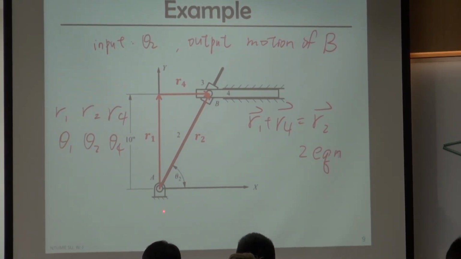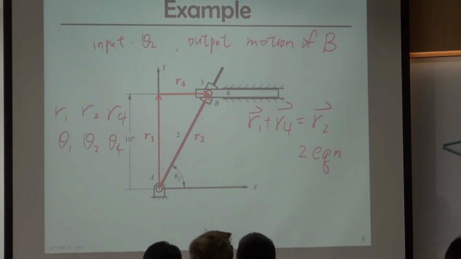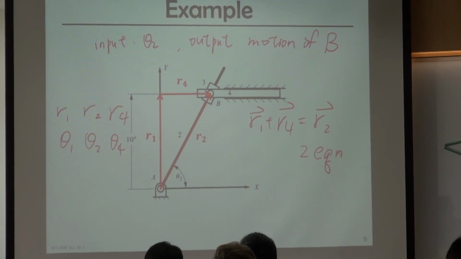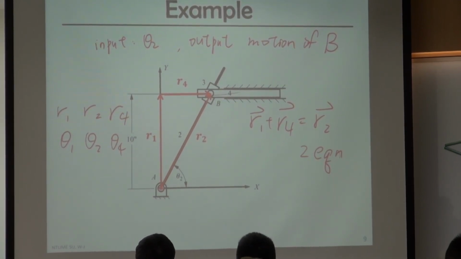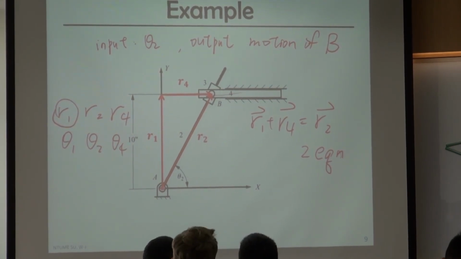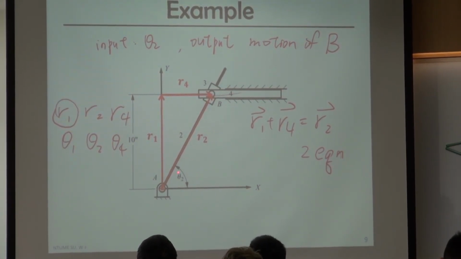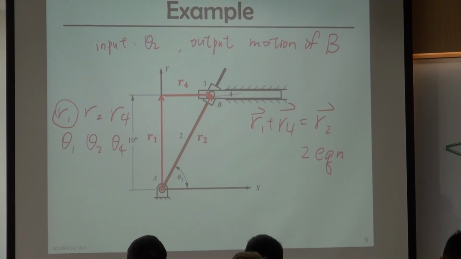The length of this R1 vector is known, right? It's not going to change because it only indicates the distance from this joint to this track. It's constant. Theta 1 is also constant because I defined it in this way. It must stay vertical.